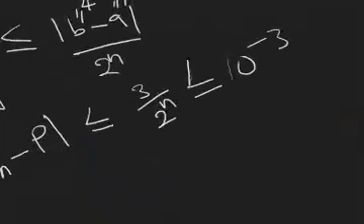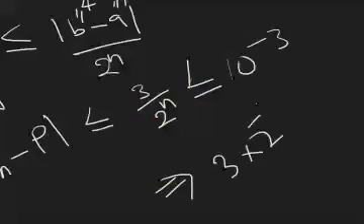That means I can take this denominator to the top, and then the exponent becomes negative: 3 times 2 to the negative n is less than or equal to 10 to the minus 3.